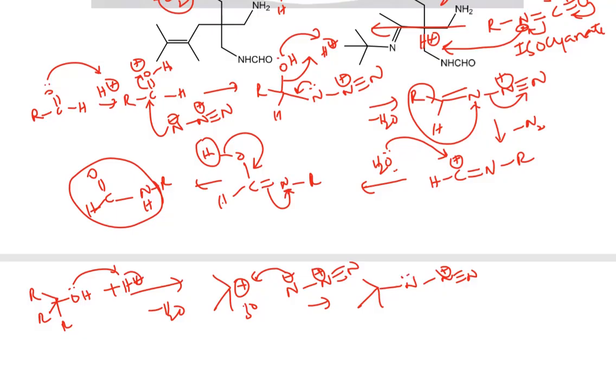In the next step, the lone pair of electrons on nitrogen moves here and the alkyl group migrates onto nitrogen and eliminates this stable N2 from it. Now you can draw the next step like this, double bond NR.